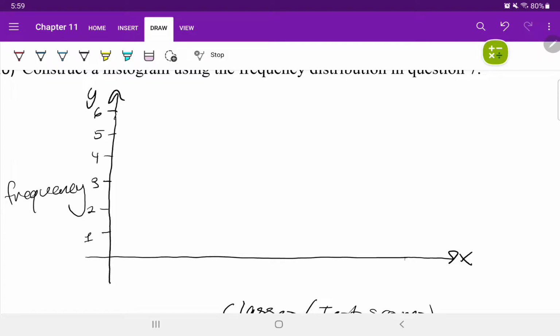And my classes consist of 75 to 78, 79 to 82, 83 to 86, 87 to 90.